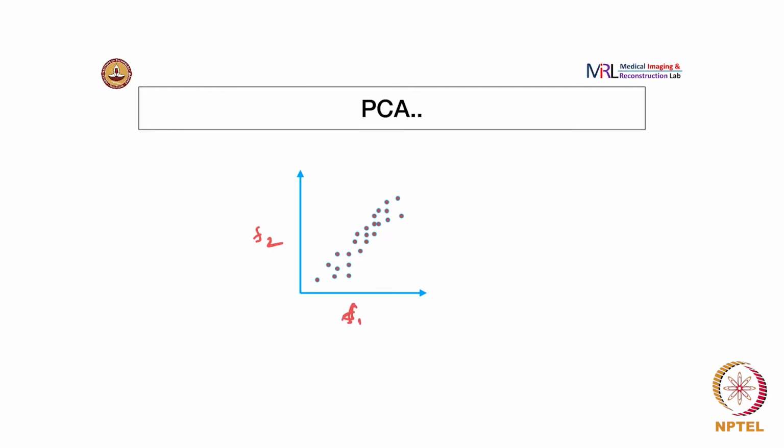Now we see that there is correlation between F1 and F2, so we can draw this correlation, let's say in red, something like this. This line captures the correlation between F1 and F2, because if you know F1, you can estimate F2.